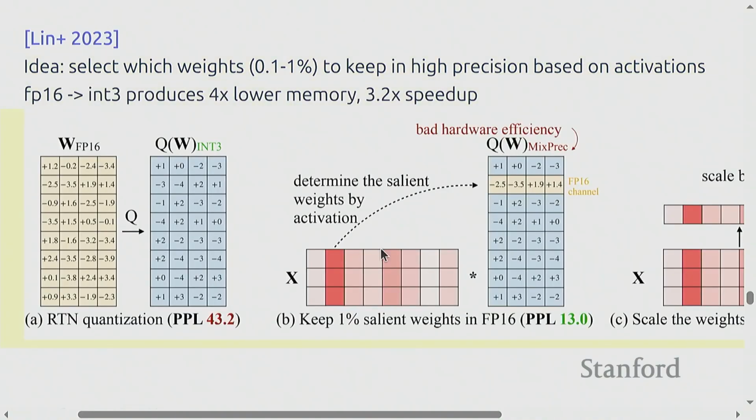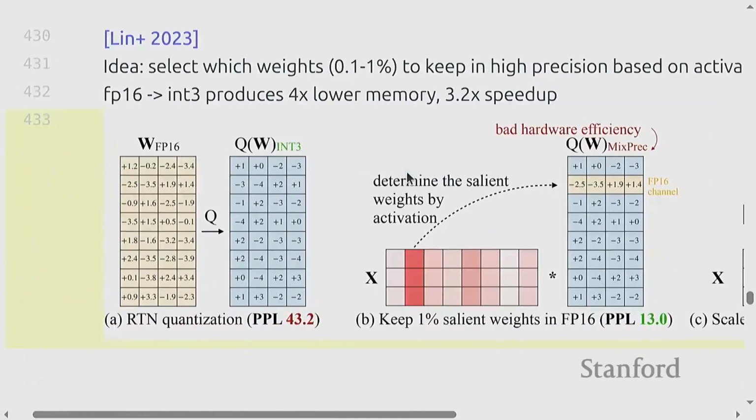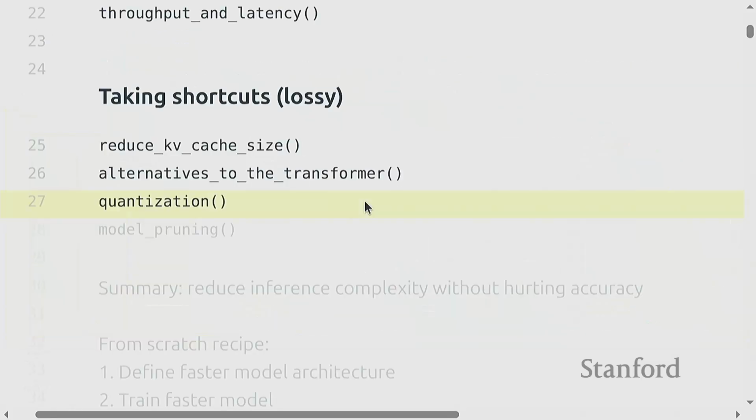Really quickly, you're going down to actually int3, and this obviously reduces memory by quite a bit and leads to a 3x speedup. The general idea here is that you get a trained model, and it just happens that some of the weights or activations are going to be abnormally large. So for those, you handle them separately, and then everything else you can work in low precision.